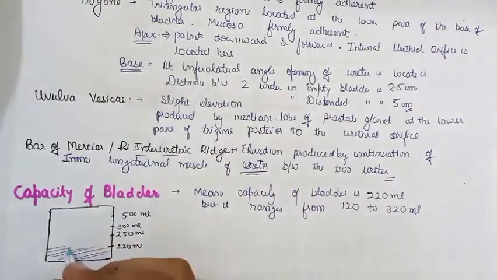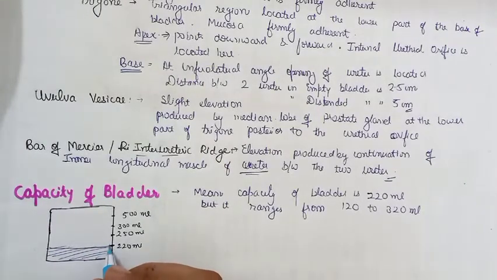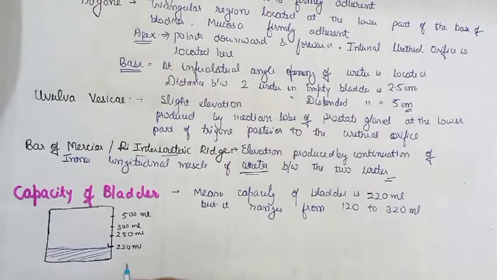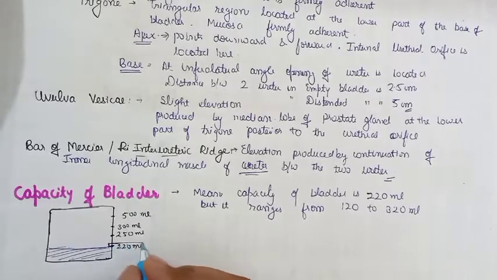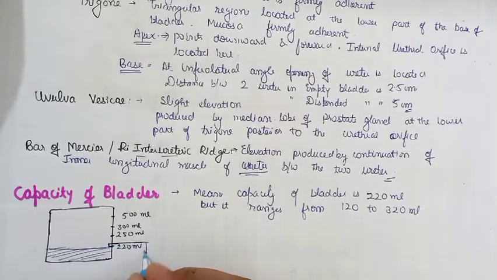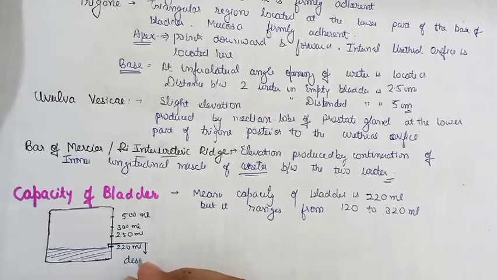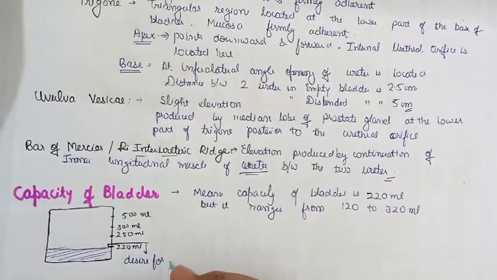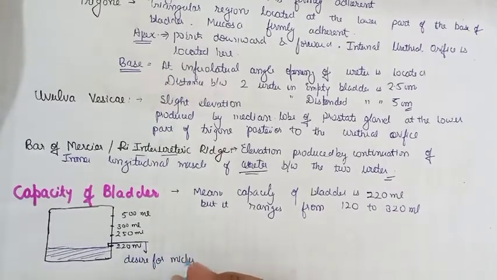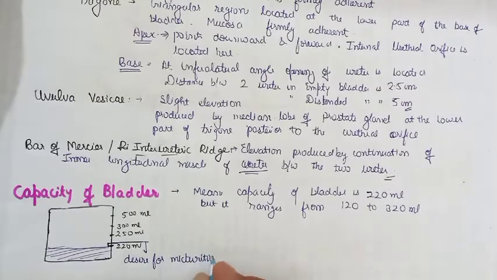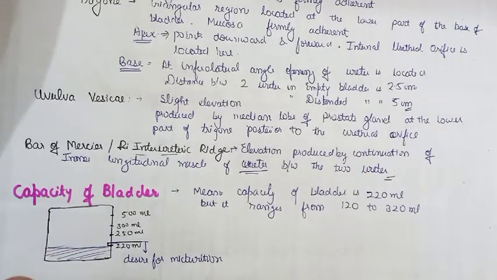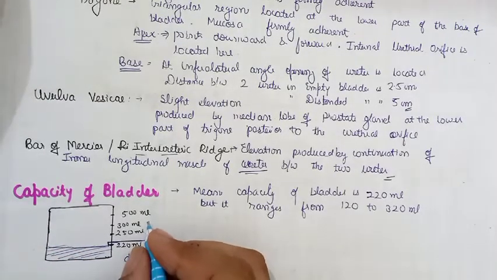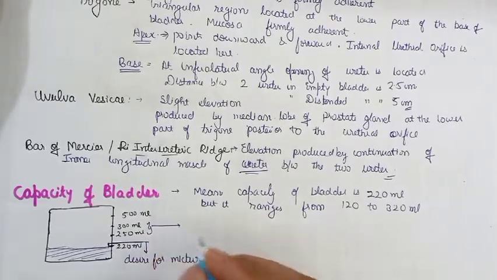As soon as the urine starts filling beyond 220 ml, it causes a desire for micturition. So above 220 ml, there is a desire for micturition. But the actual micturition usually takes place between 250 to 300 ml.